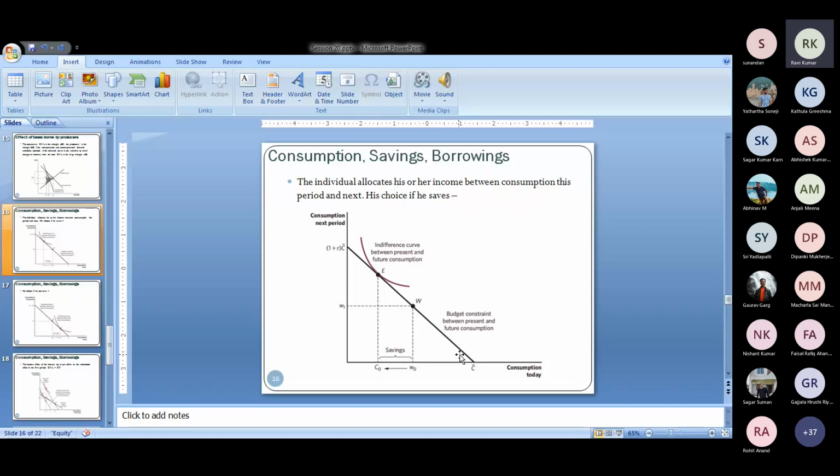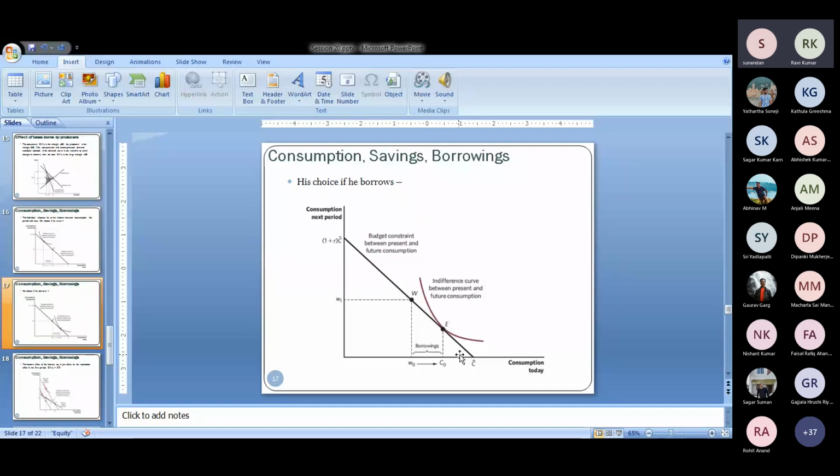Depending on how much I love future consumption relative to present consumption, I will decide my C naught, or today's consumption. So if W naught is more than C naught, that will be my savings, right? And hence this will be the picture in front of us. Similarly, if I value present consumption more than future consumption, these will be the locations of W naught and C naught, and E will be the equilibrium. Now, no problem.